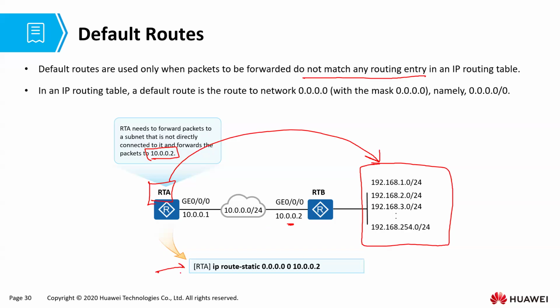To add to that, we have this default route configured. A packet comes to RTA destined for the 192.168.10.0/24 network.